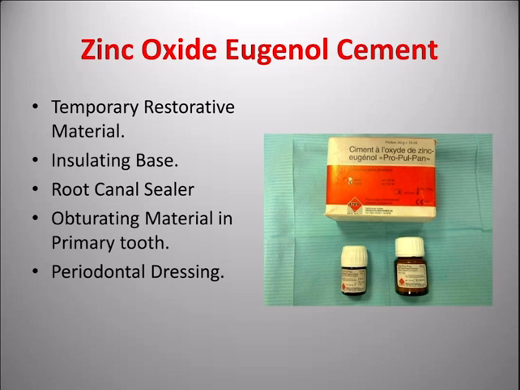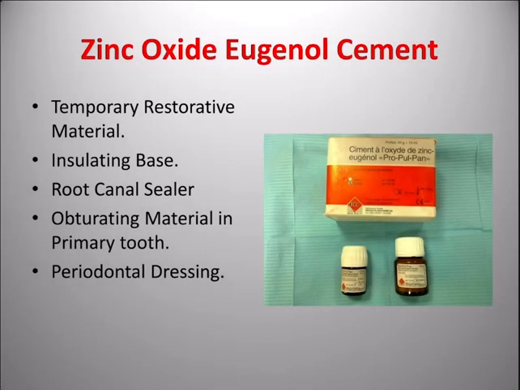If you put an inert material like gutta percha in the primary tooth while obturating, the root will be resorbed, but the gutta percha will act as an artificial root, and it can cause deviation of the permanent tooth. All such complications can happen. That's why we don't use an inert material like gutta percha when doing a pulpectomy procedure, which is nothing but root canal treatment in a primary tooth.